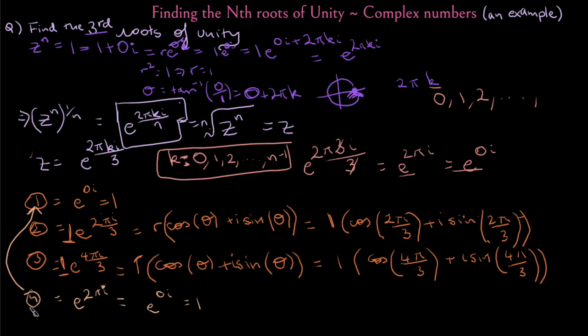So it's a repetition, and hence we don't include it. This is why we stop at k equal to n minus 1. So our third roots of unity are just these things: 1, this, and this.